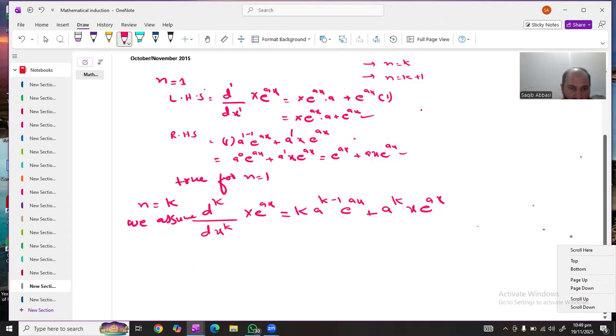Now here we will apply n equal to k plus 1. This is our third condition. We have to show d^(k+1) over dx^(k+1) of x e power ax.